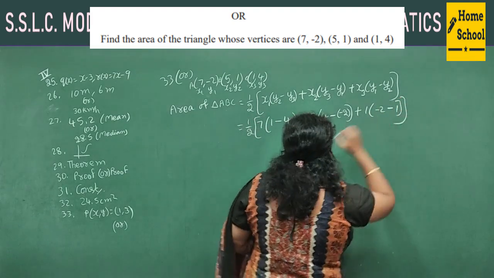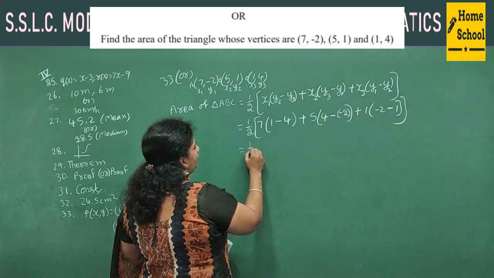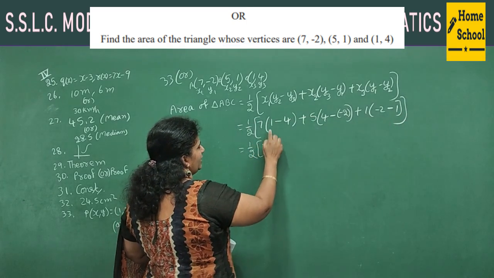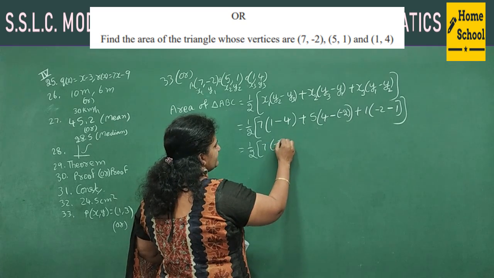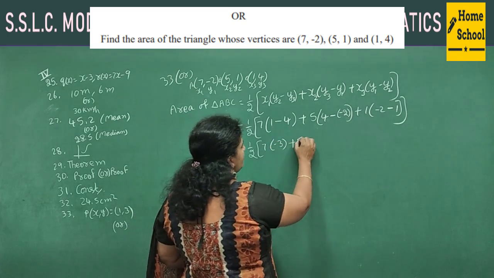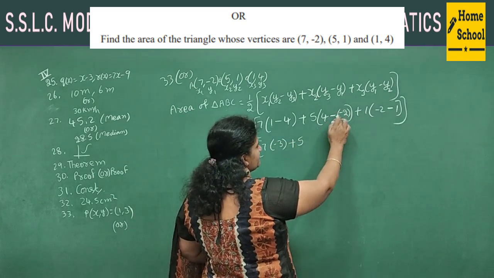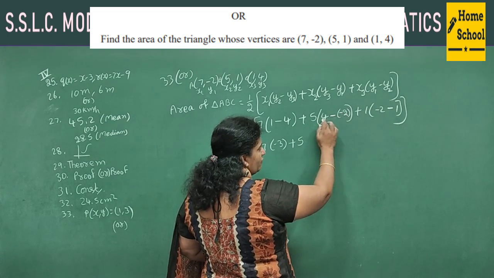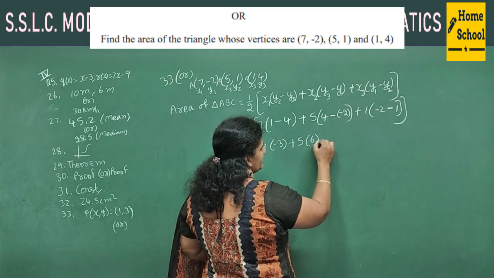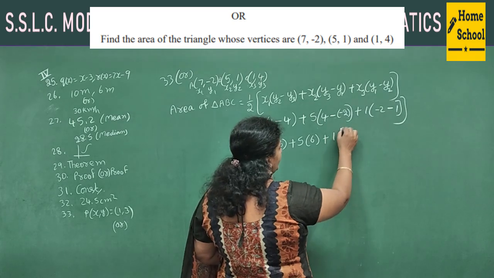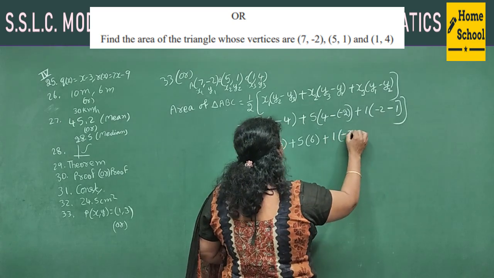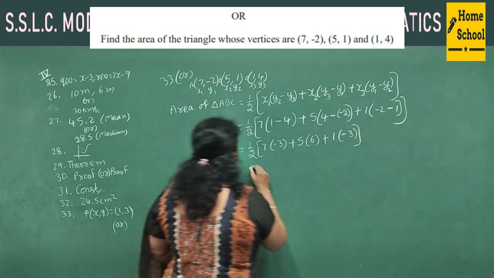So half of 7 into (1 minus 4 is minus 3) plus 5 into, remove this bracket, minus into minus, plus, 4 plus 2 will be 6, plus 1 into (minus 2 minus 1, minus 3).